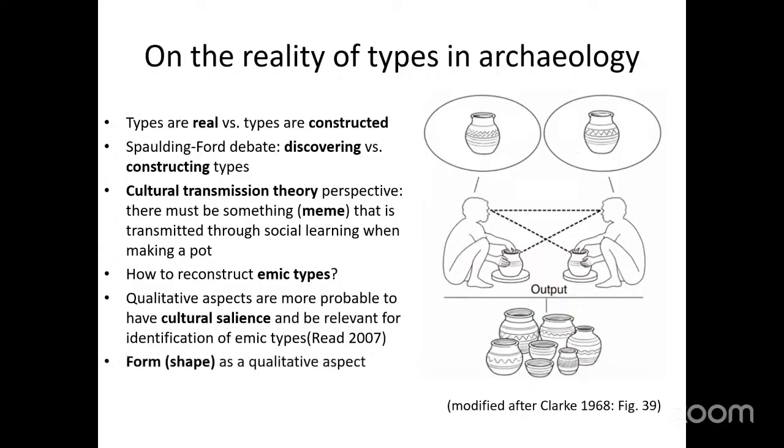And we assumed, and you'll see that this assumption is not so far from reality, that form or shape of a pot is something that can be treated as a qualitative aspect. Of course, the problem is how to quantify this qualitative aspect and measure it.